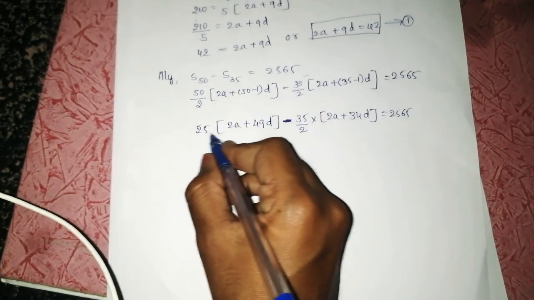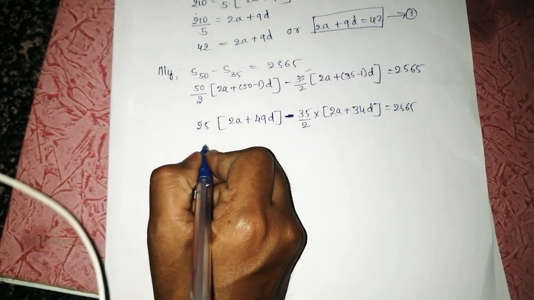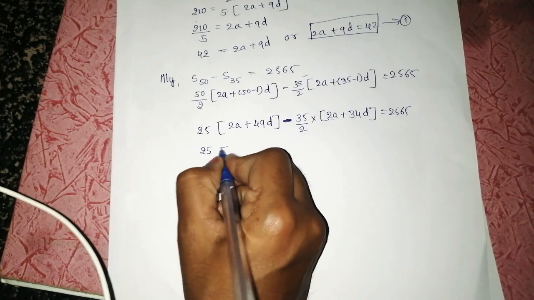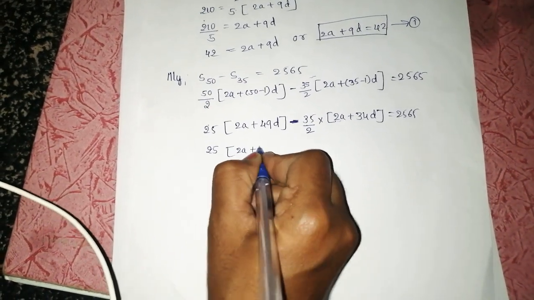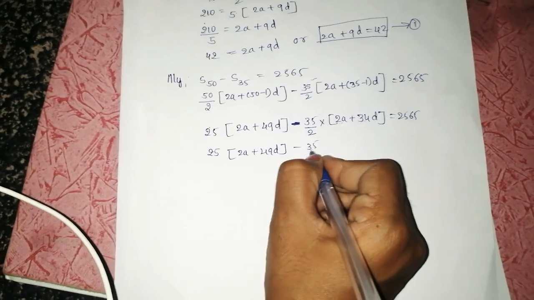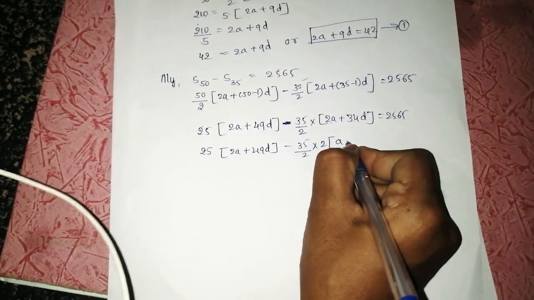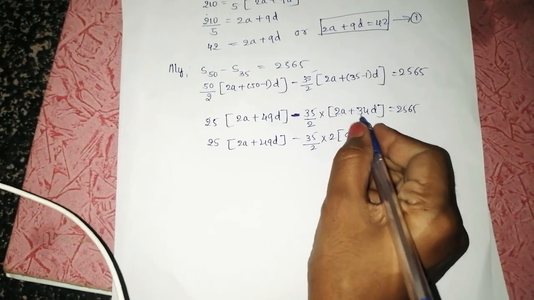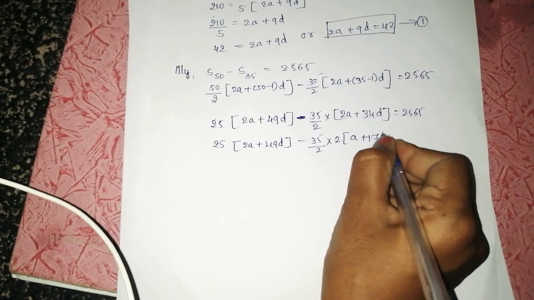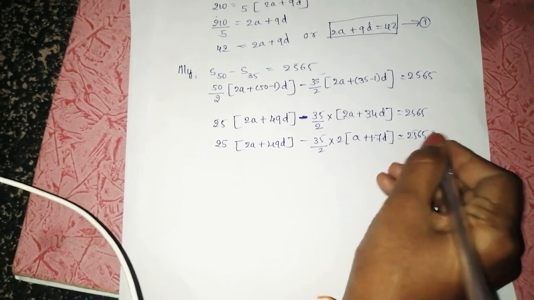Here you can take a common factor 2 from the second bracket, so I will simplify further. 25 into 2a plus 49d, minus 35 divided by 2. Here I will take 2 common, inside what is left is a plus 2 17s are 34, so 17d, that is equal to 2565.